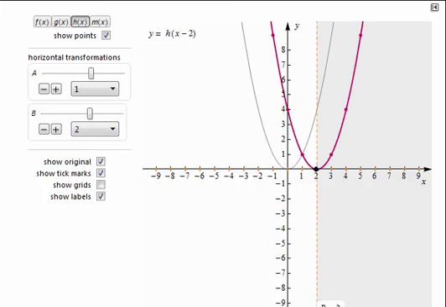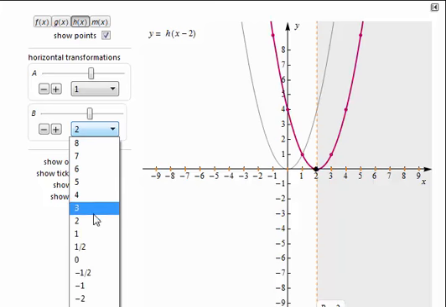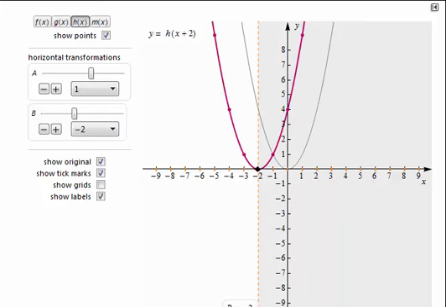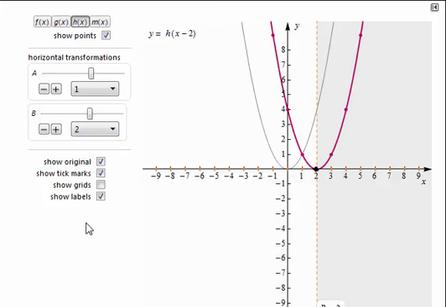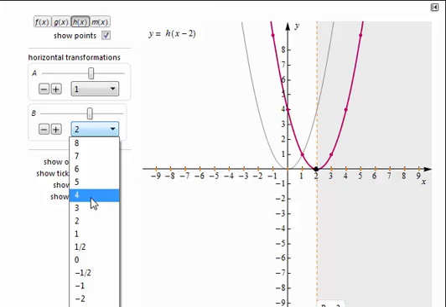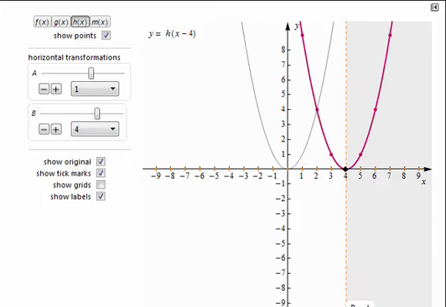Change b to 2. You see it shifted to the right by 2. If we change it to -2, it's shifted to the left 2. So in both of these cases, nothing about the shape of the graph, the relative size of the graph, the position of the points in relationship to one another has changed.